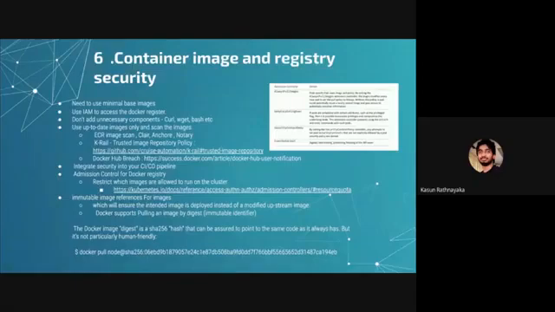If you have Docker registries running in different environments, like different accounts, make sure you are properly sharing across the accounts, or if you have VPC peering, set up proper VPC peering to access the Docker registry which is running for your application.